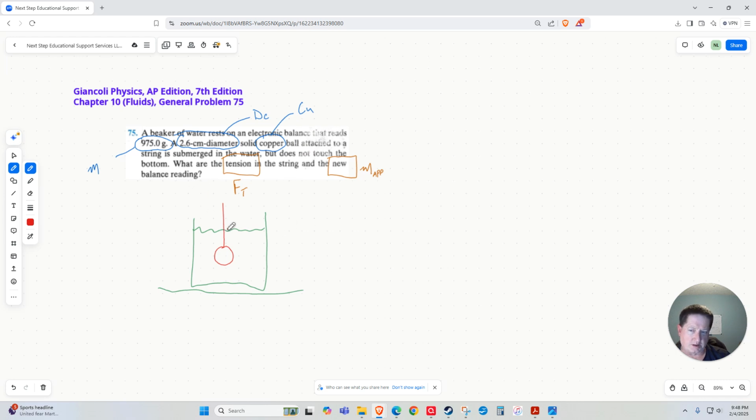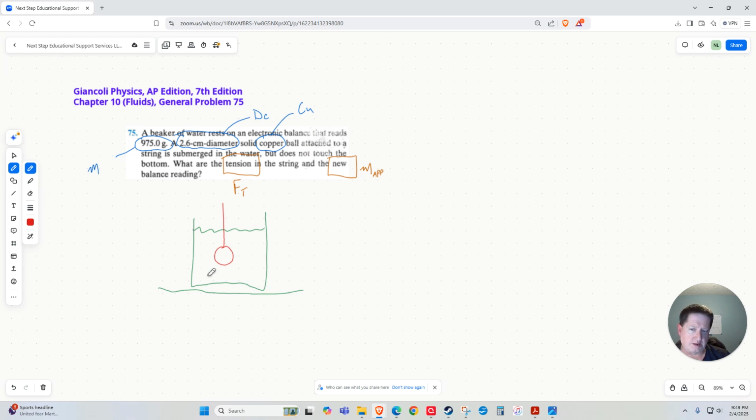So conceptually what's happening is when we submerge the copper in the fluid, it will push water out of the way, it will displace water. That water will push back on the sphere, making the sphere's apparent mass go down.